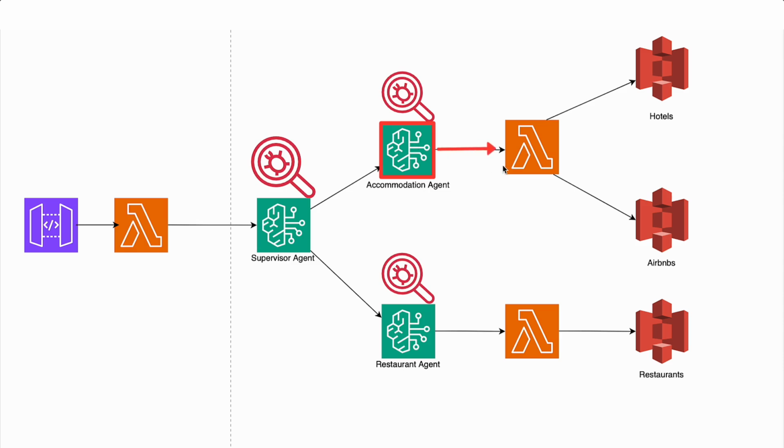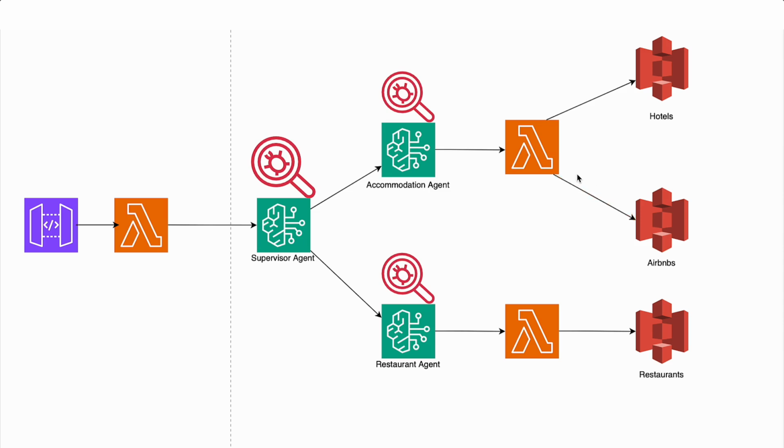And the accommodation agent is connected to an action group, and that action group is a Lambda function. And that Lambda function is going to be invoked by the accommodation agent with the appropriate filters, whether the user wants to stay overnight at a hotel or whether the user wants to stay overnight at an Airbnb.